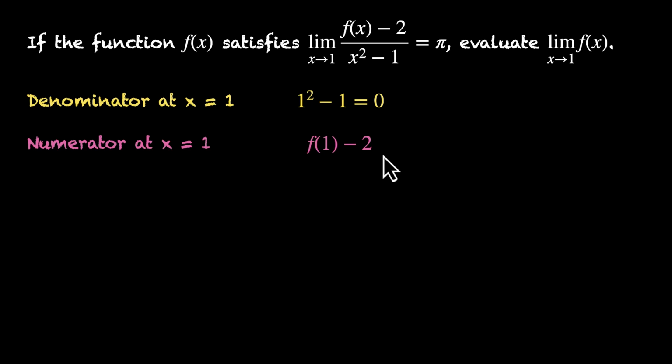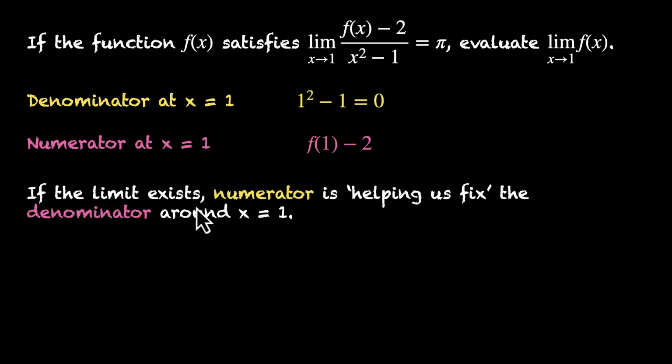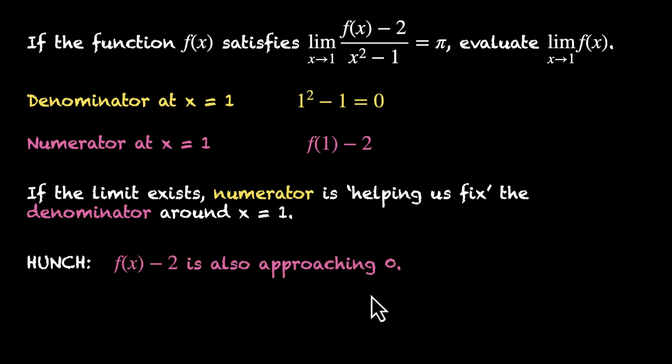Alright? So the limit exists, which means whatever is making the denominator 0 is probably getting cancelled out by the numerator. What we're saying is, if the limit exists, the numerator is somehow helping us fix the denominator around x equals 1. Around x equals 1, both of them have something that's getting 0, which means the hunch is that the numerator is also approaching 0 when x is approaching 1.